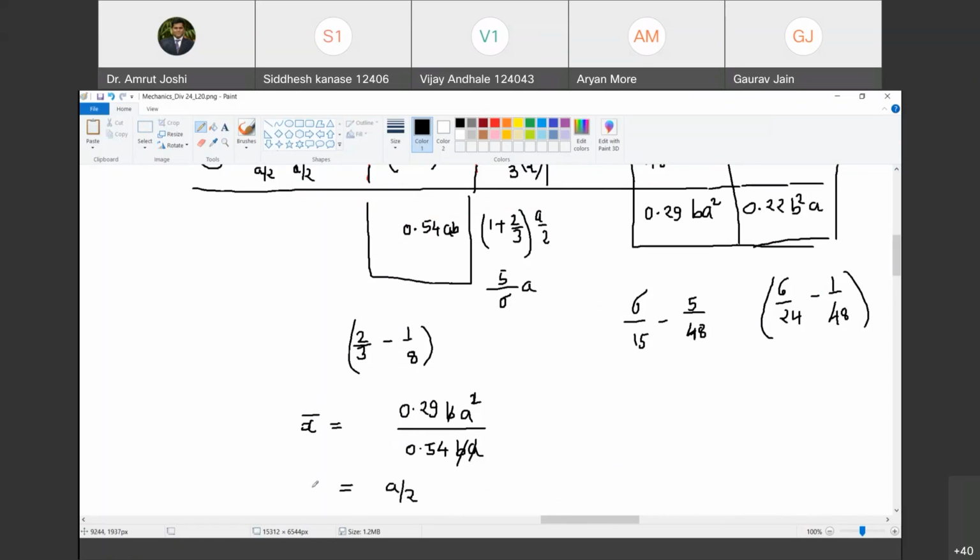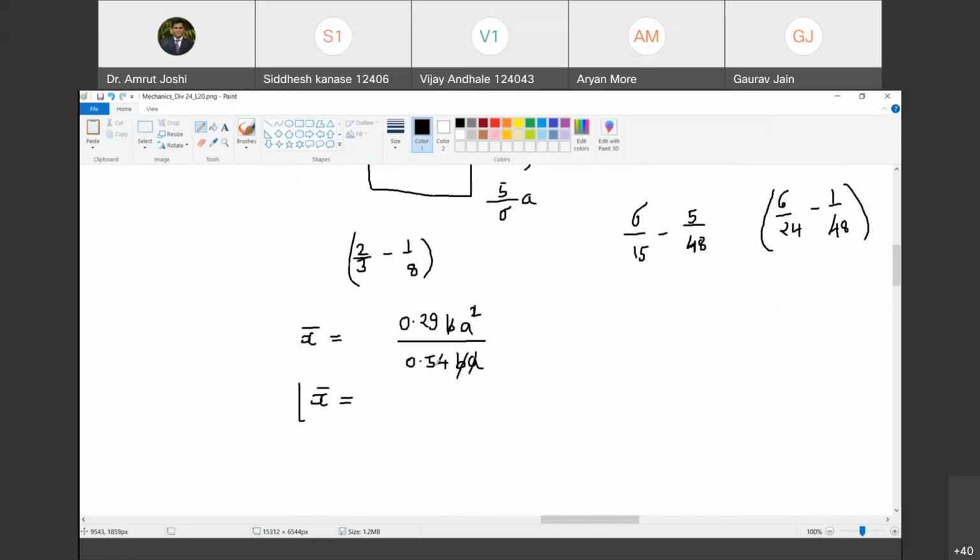Do you agree with me? Yes, sir. No, no, it's not A by 2. Tell me how much is 0.29 by 0.54? So 0.53. No, 0.29 divided by 0.54, 0.53, is it? Yes, sir. 0.53 A.